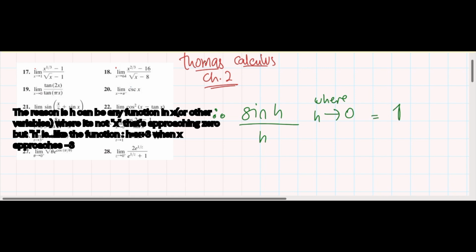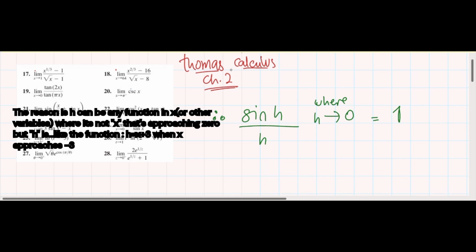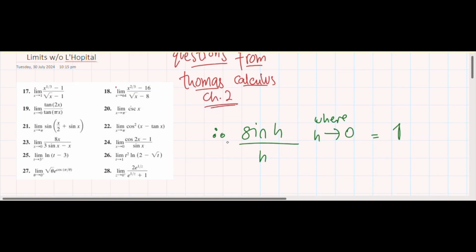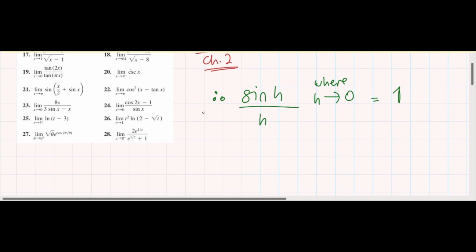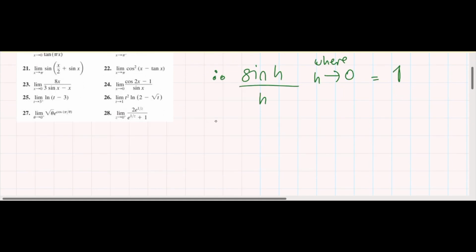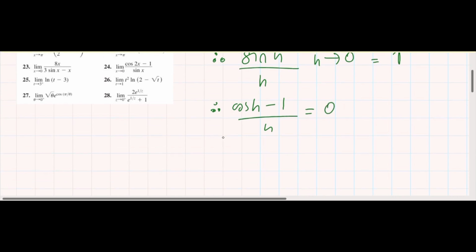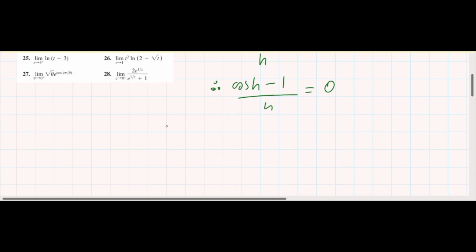If you have read the book, if you're here because of the book, then you know the derivation for this formula. I don't need to tell you. And there's another formula, which is cos h minus 1 upon h. That was the other way around. I remember that is equal to 0, I think. Yeah, that's pretty much it.